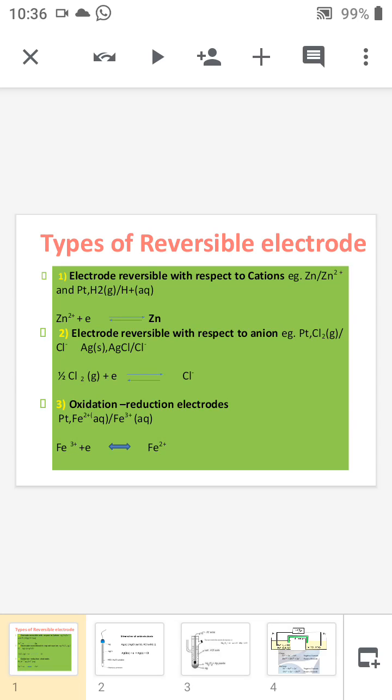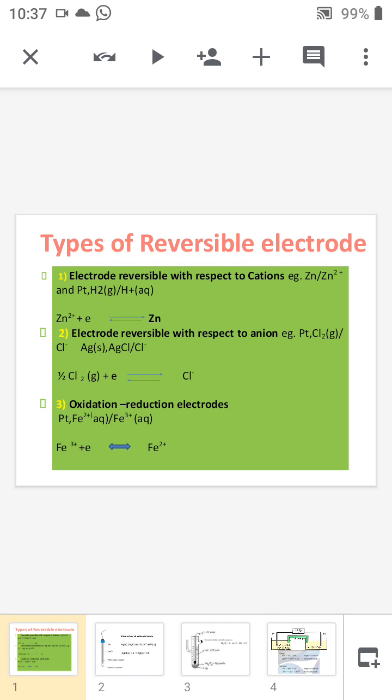And here the salt is AgCl, and we know that AgCl is sparingly soluble in water. That means AgCl partially dissociates to form Ag+ and Cl- ions, and most of the salt remains insoluble in the solution itself.